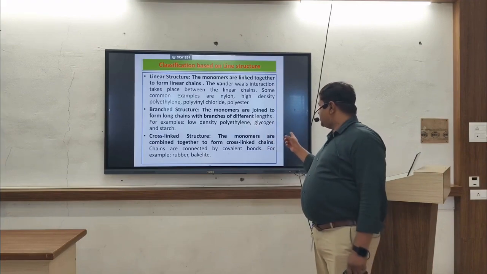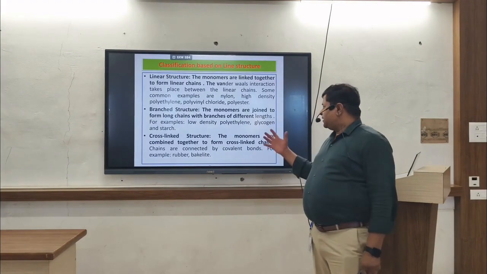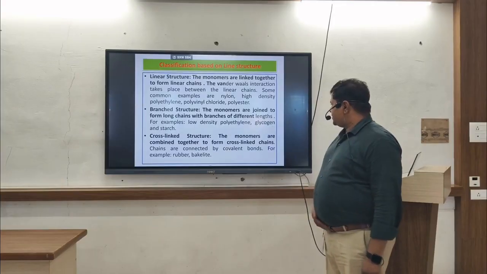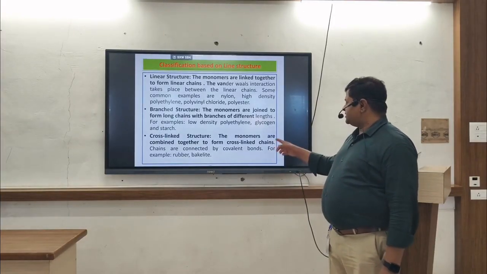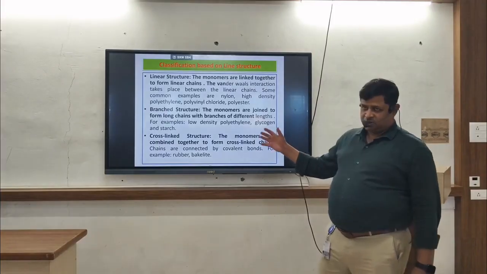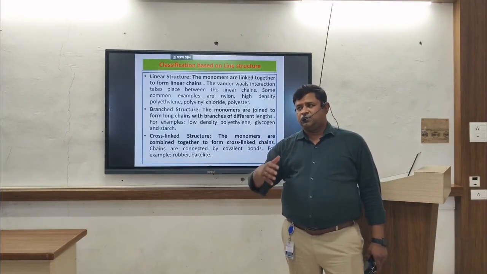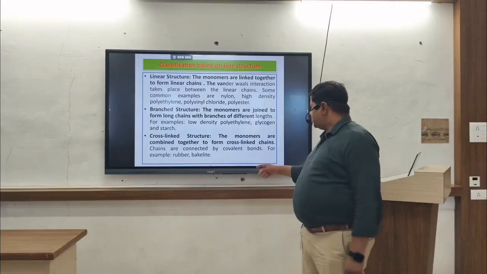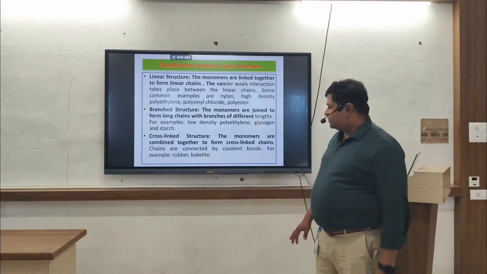Low density polyethylene, glycogen and starch are examples of this. In the cross-link structure, the monomers combine to form cross-linked chains. These chains are connected by covalent bonds. Covalent bonds are stronger than van der Waals forces. Examples are rubber and bakelite.